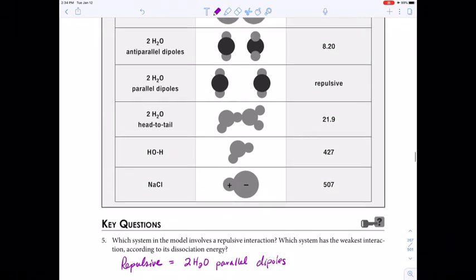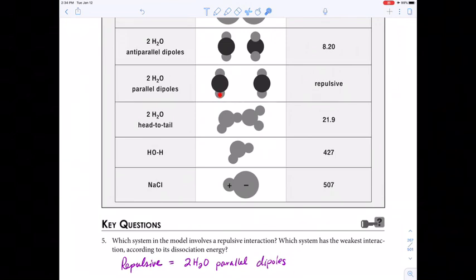Okay, so that means, if we compare anti-parallel, notice how these gray things, those are the hydrogens. For parallel, they're lined up perfectly. The hydrogens are behind the oxygen in both parts. So the hydrogens are the more positive part, they're lined up together, and the oxygens, which are the more negative part, are lined up together. And remember what we said, that like charges repel.